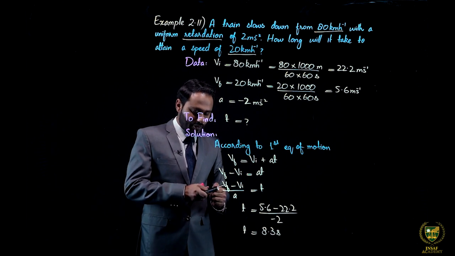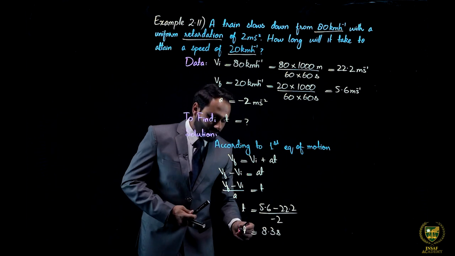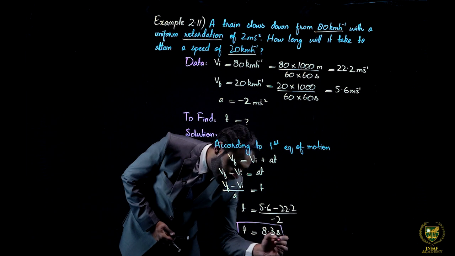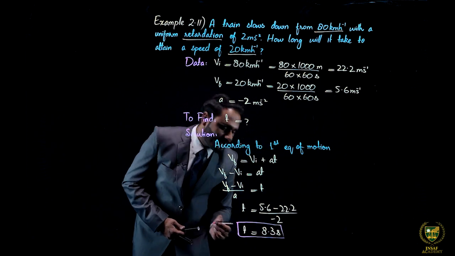So this is the time required to reduce the speed from 80 km per hour to 20 km per hour.